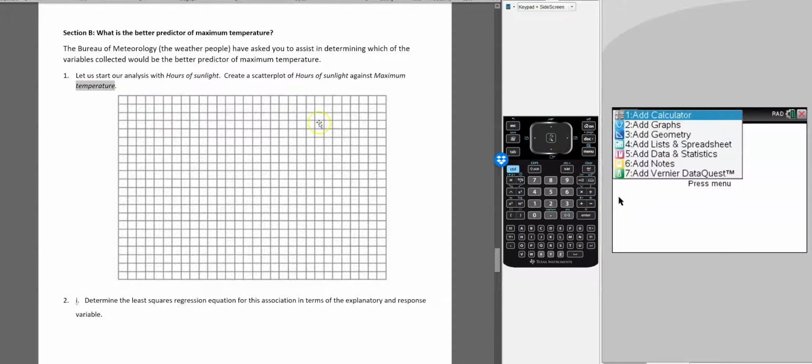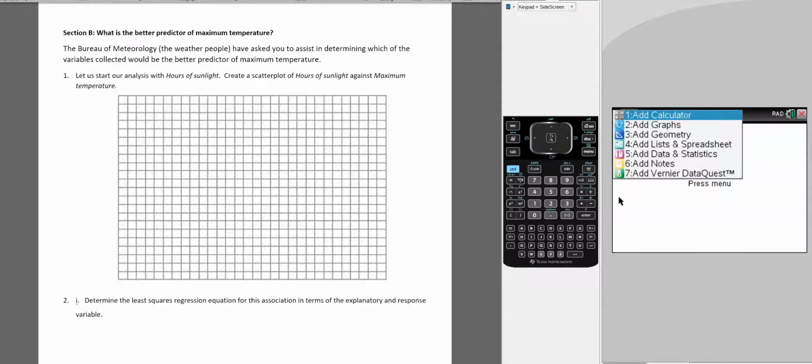Please be aware that when this statement says against, it's implying that maximum temperature will be on the y-axis, or it's the response variable.